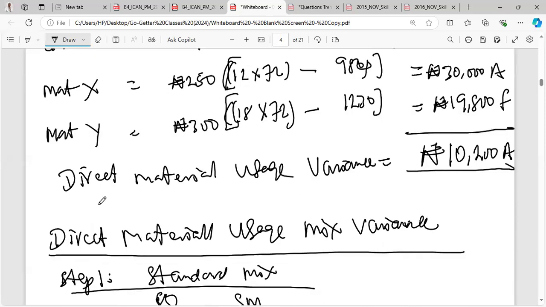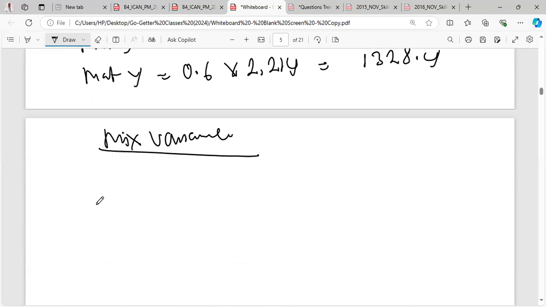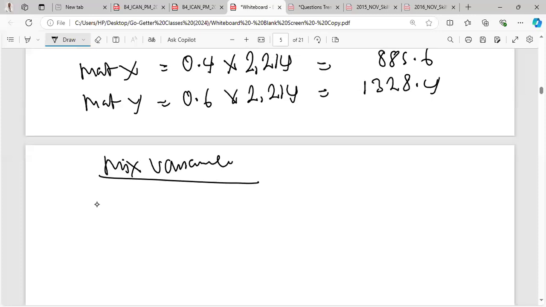So what we are saying here is mix variance is actual quantity standard mix minus actual quantity actual mix, multiplied by the standard price.